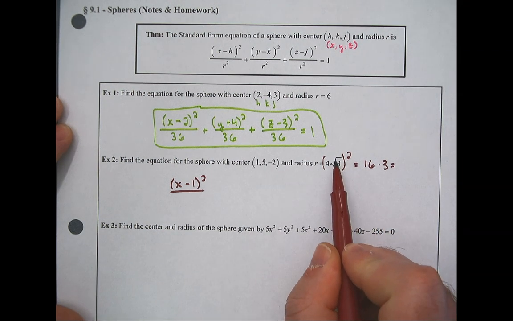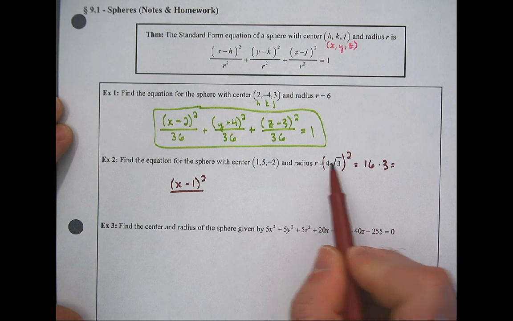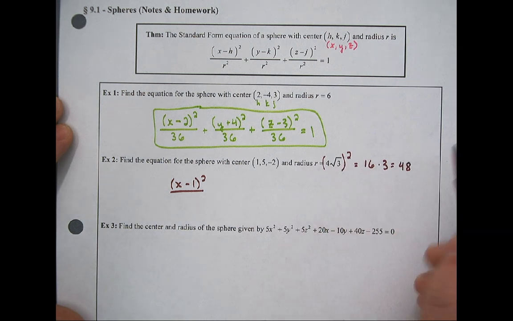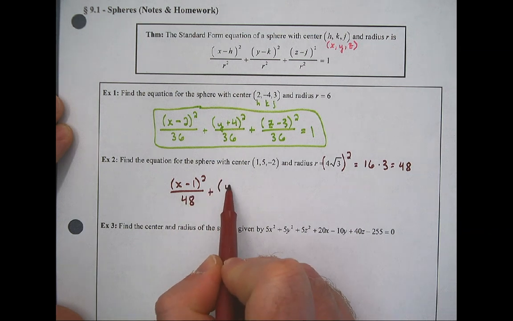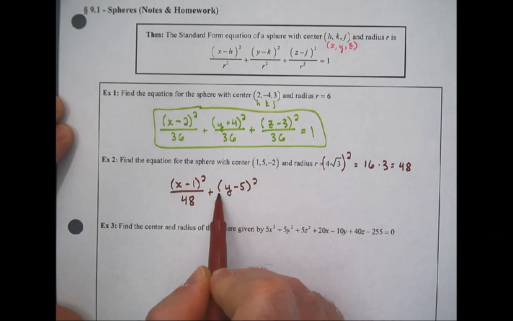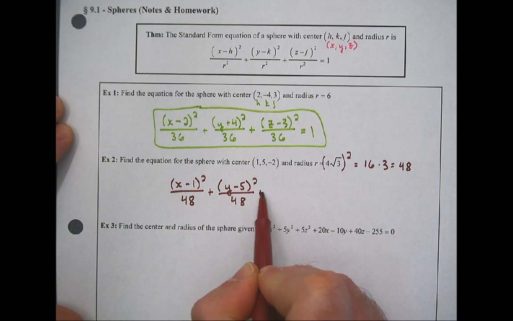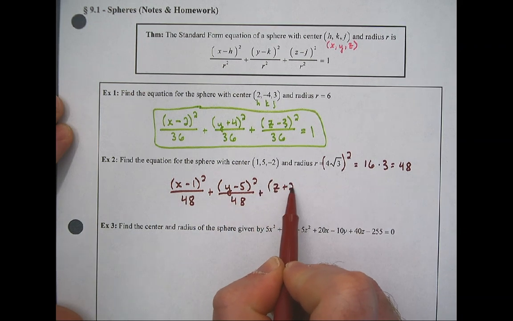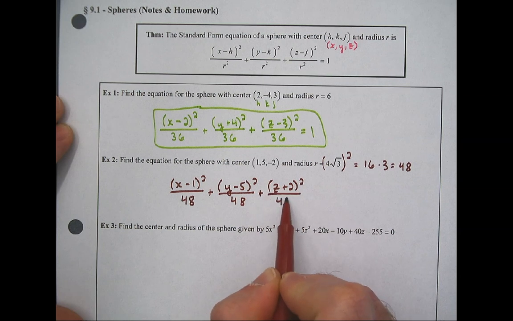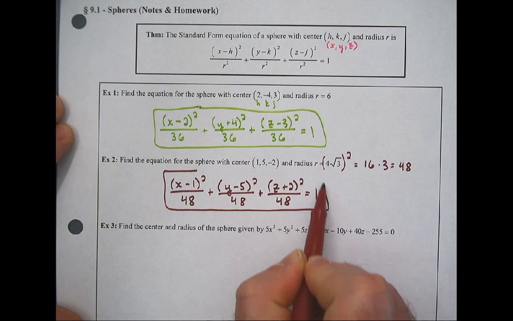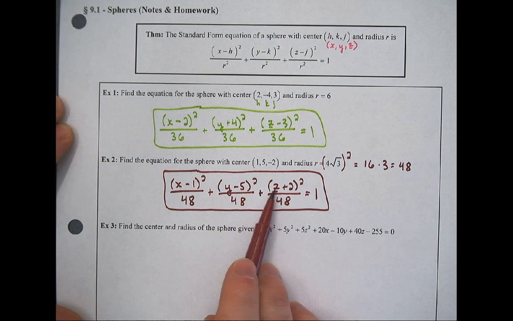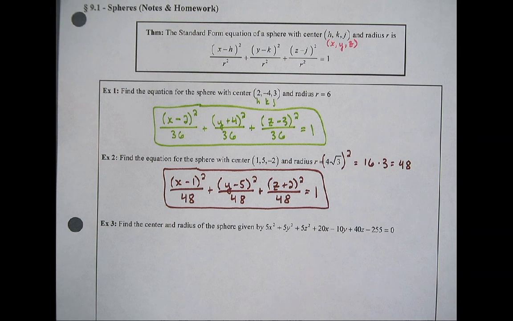You're going to cancel the square root around this one, but this number also needs to get squared, so we should get 48 over 48, plus y subtract 5 squared over 48, plus z plus 2 squared over 48, equals 1. It's nice to be able to write your x, y's, and z's in their fancy-looking format so you can keep them separated from 4s and 2s, but it's up to you. As long as I can understand what you're trying to say, we're good to go.